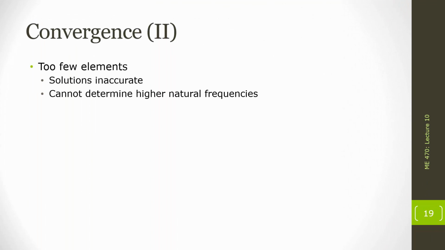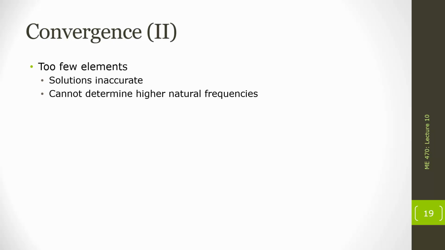So what is the problem with how many elements we're using? If we use too few, as we saw in the examples, our solutions are definitely going to be inaccurate. We're going to get the first few natural frequencies, but they are very likely going to be far away from the true value. And they're going to get further away as the frequencies get higher.